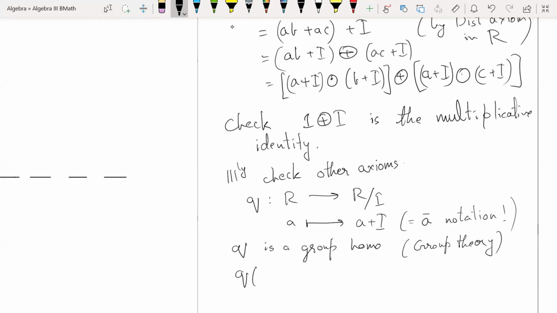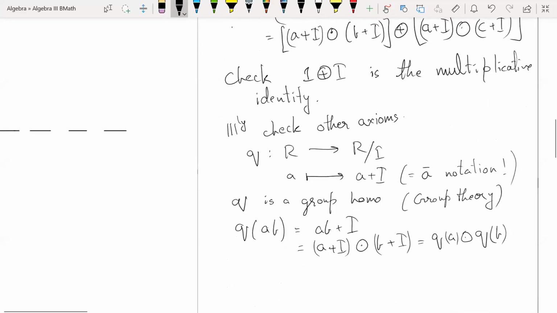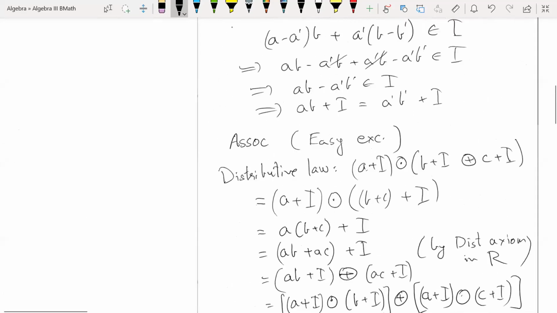So Q of A times B, which we have already done in some sense, is AB plus I, which equals A plus I dot B plus I, which is the same as Q of A, Q of B. And it is surjective, as follows from group theory. So group theory already tells you that it's a surjective group homomorphism. That completes the proof of this proposition and defines the quotient ring.